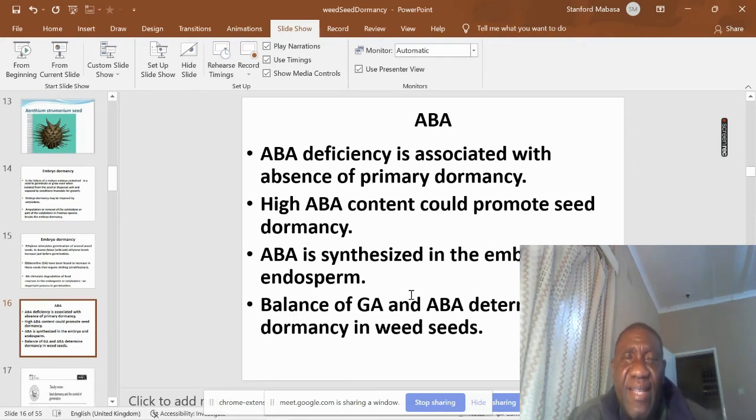Another hormone is known as ABA, abscisic acid. Now, abscisic acid deficiency is associated with absence of primary dormancy. So, if the seeds contain low levels of ABA, it means they are not going to be dormant.